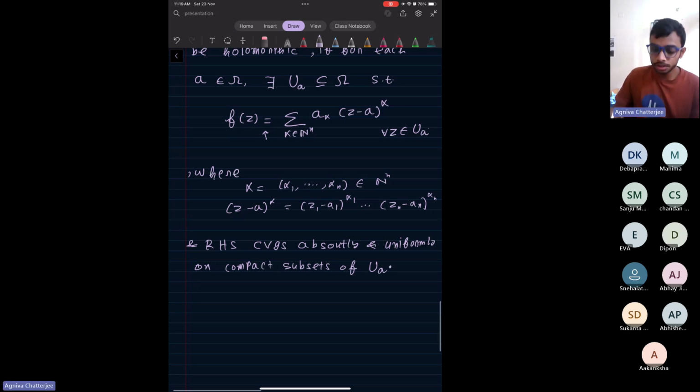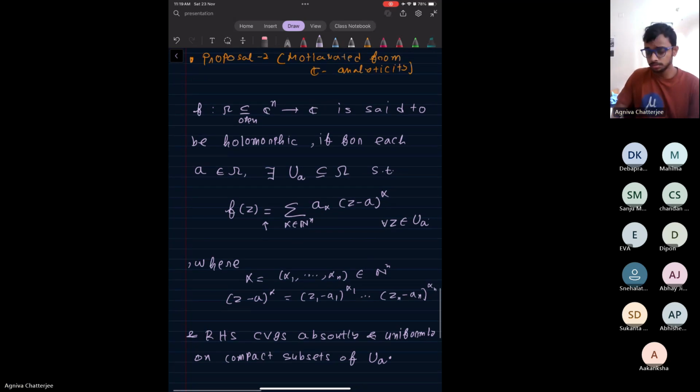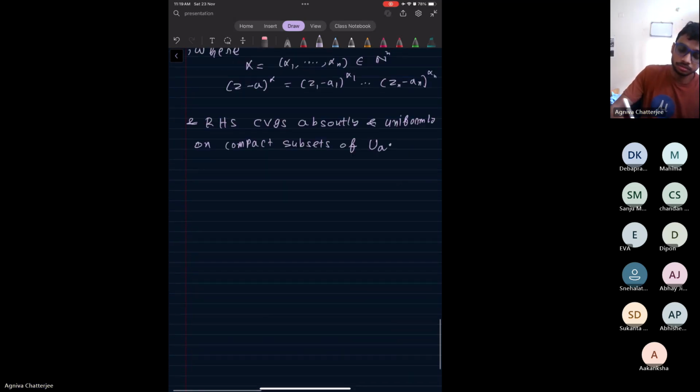So I've just mimicked the definition of C-analyticity. That's it. I think this is also quite believable. Next up, proposal 3.